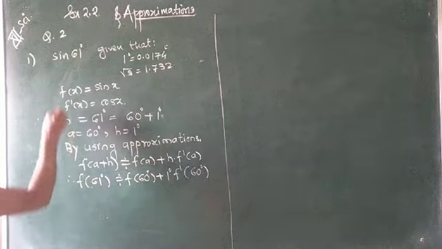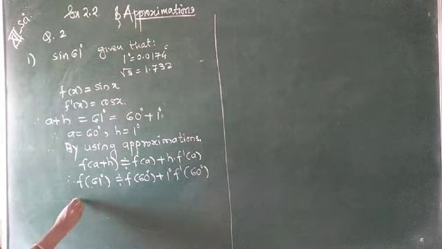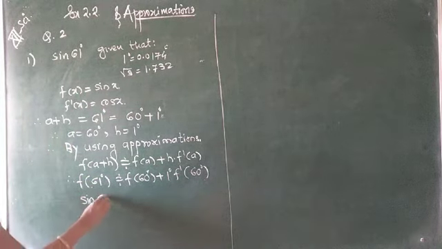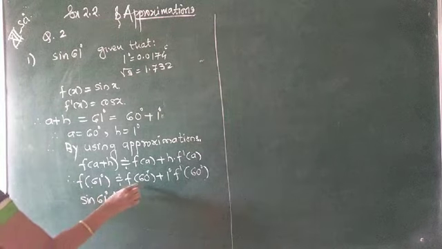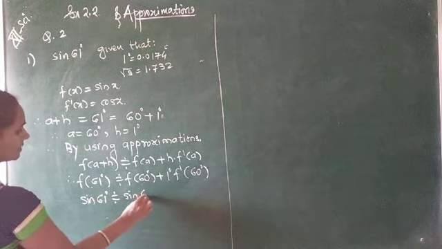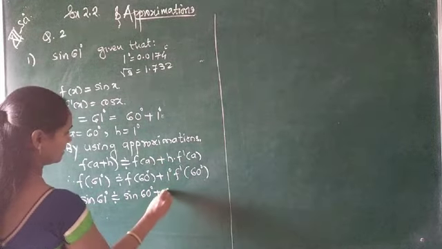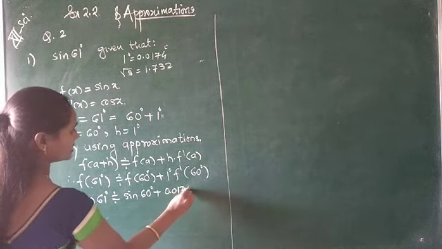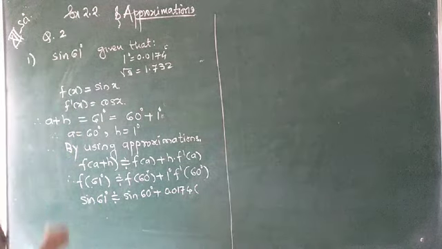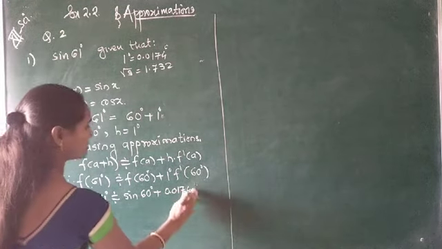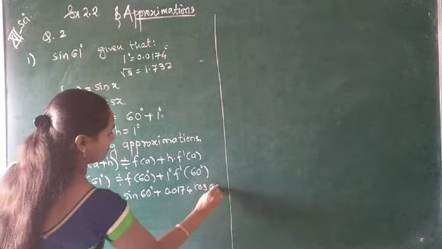What is f of x? Sin x. So sin 61 degree is approximately sin 60 degree plus the value of 1 degree which is given, 0.0174, into f dash of 60. What is f dash of x? Cos x. So it is cos 60 degree.